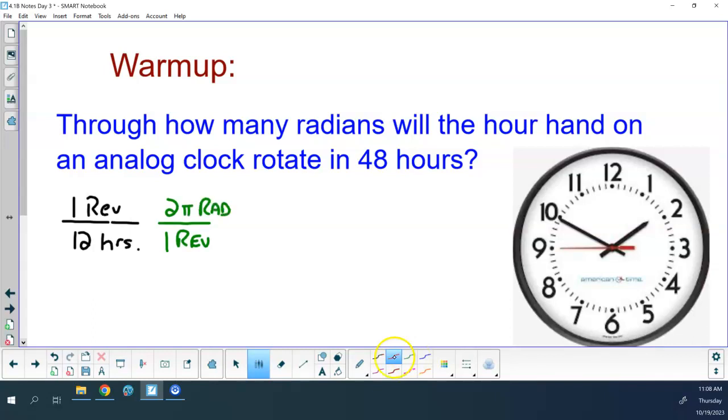And we went for 48 hours. Hours cancels out. Revolutions cancels out. Leaves me with radians. 12 goes into 48 4 times. Leaves me with 8 pi radians. Awesome sauce.